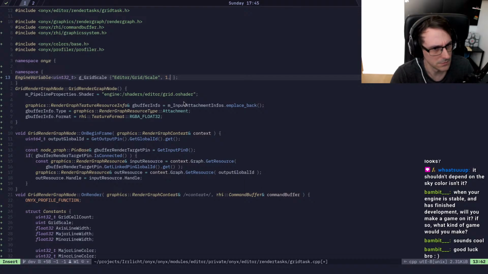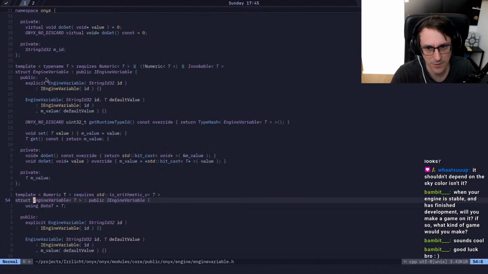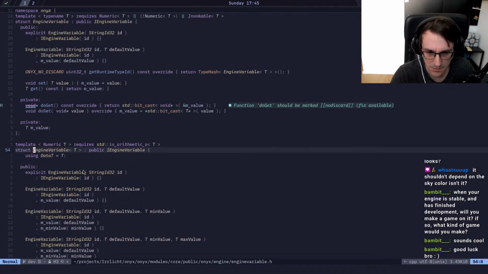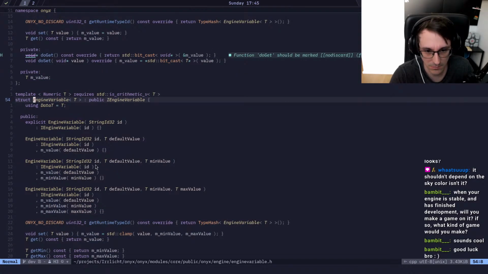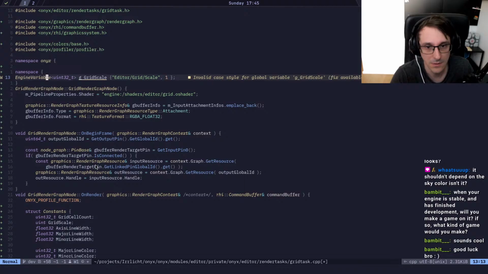One. I really forgot how that works. Default value, and then we have min and the max. Okay. Min, and let's say the max. Well, we don't need a max probably.